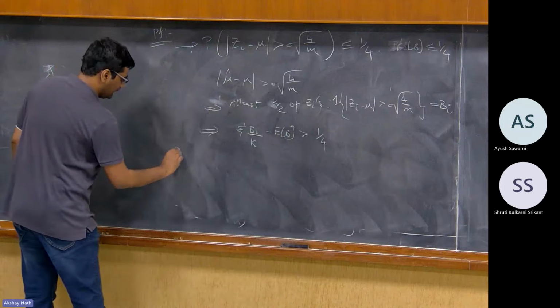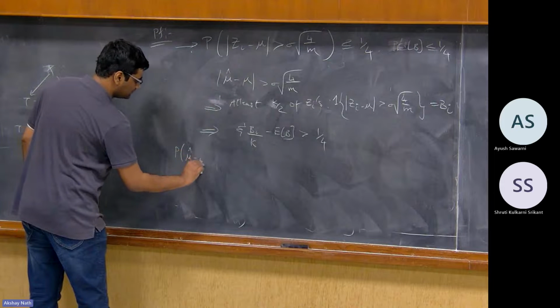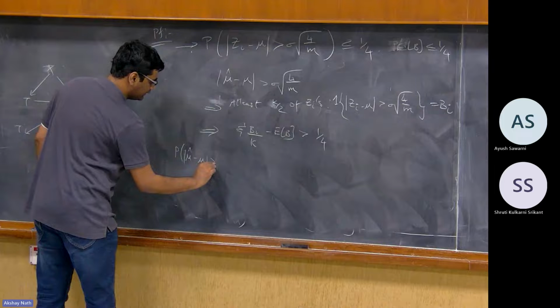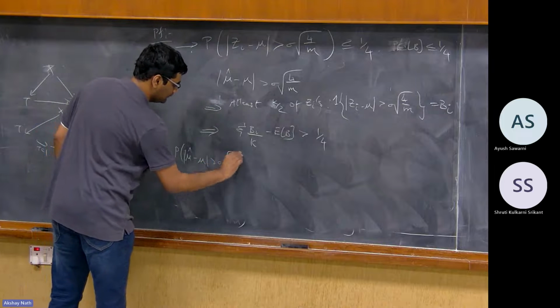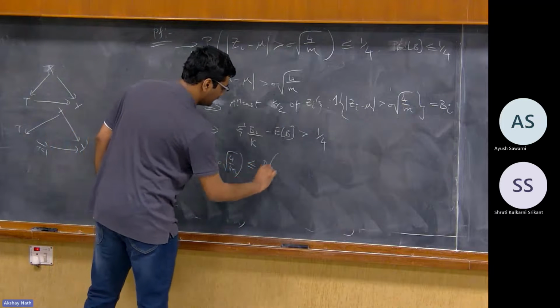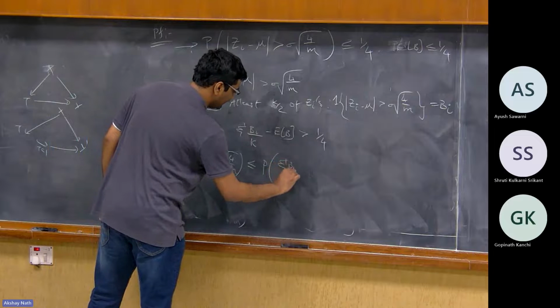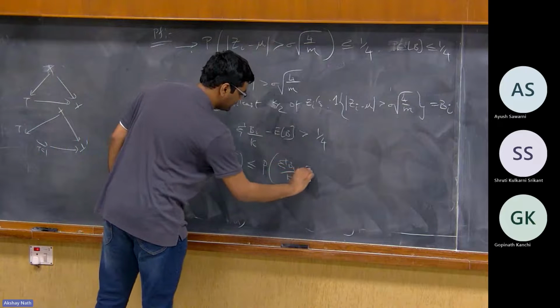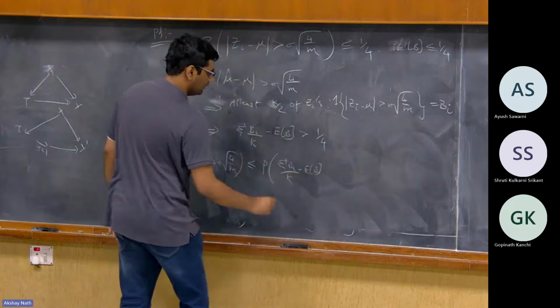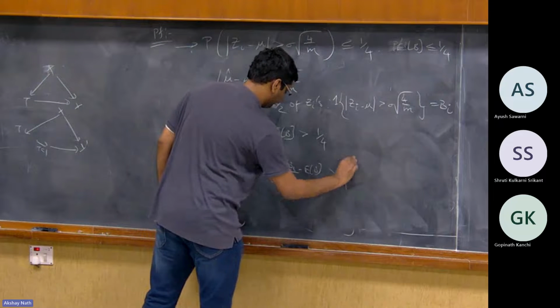So the probability of mu hat minus mu greater than sigma square root 4/m is less than or equal to the probability that summation bi by k minus expected value of b is greater than 1/4.